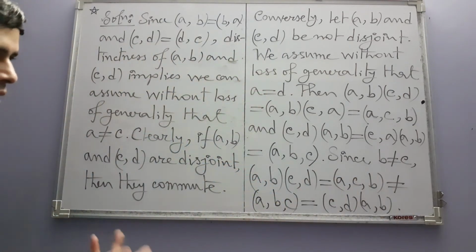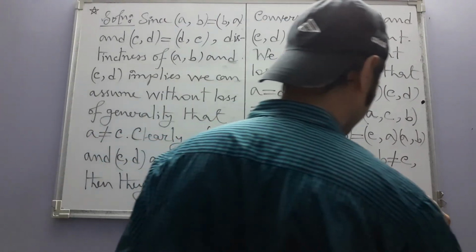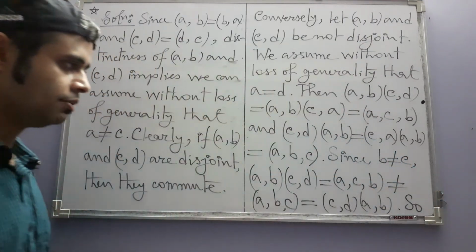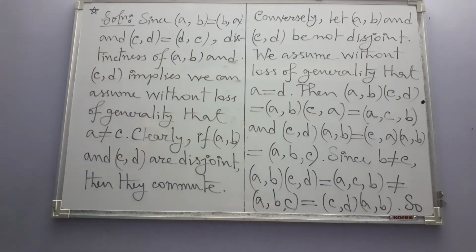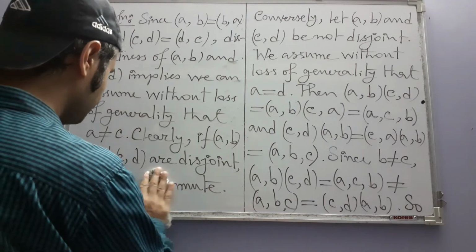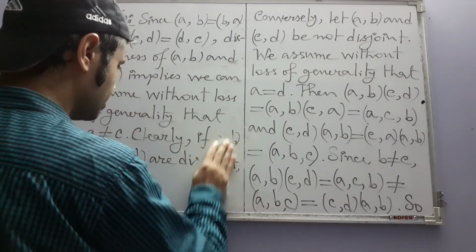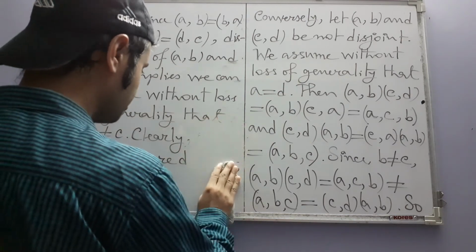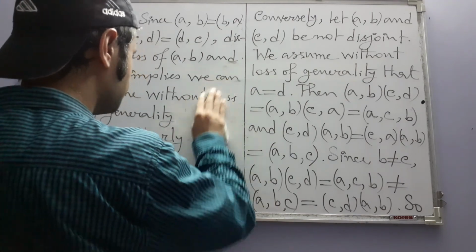So that means the cycles do not commute if they are not disjoint, or equivalently we have shown that if they commute, then they must be disjoint.